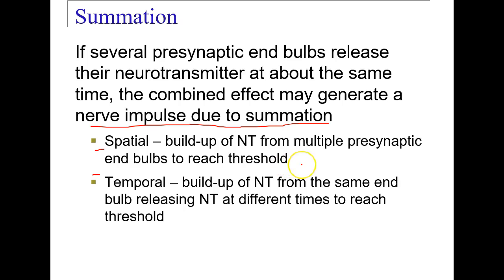Spatial is going to be a buildup of neurotransmitters from multiple neurons' presynaptic end bulbs, causing that postsynaptic neuron to reach threshold. Or temporal, a buildup of neurotransmitters from the same end bulb, releasing neurotransmitters at different times to try and reach threshold.